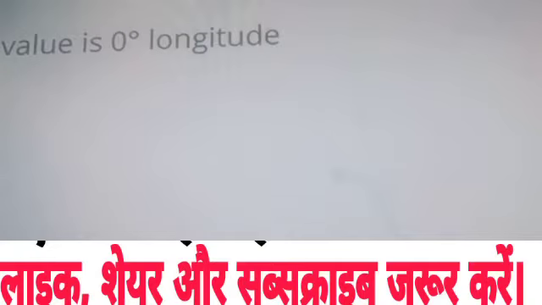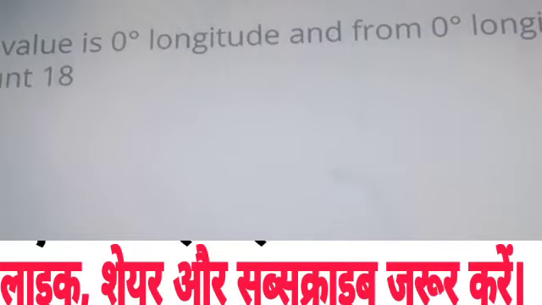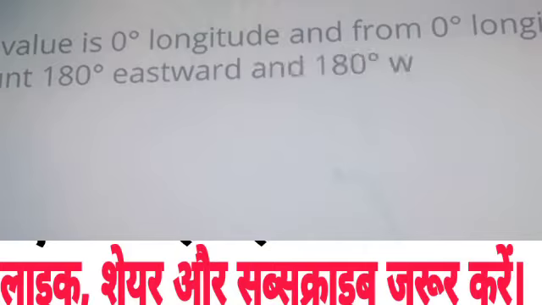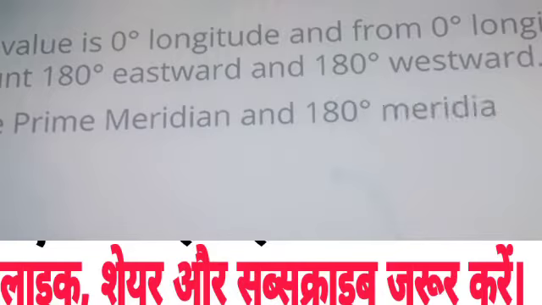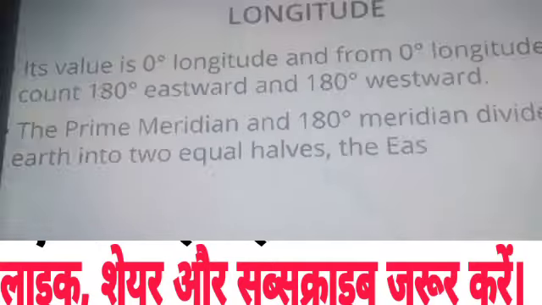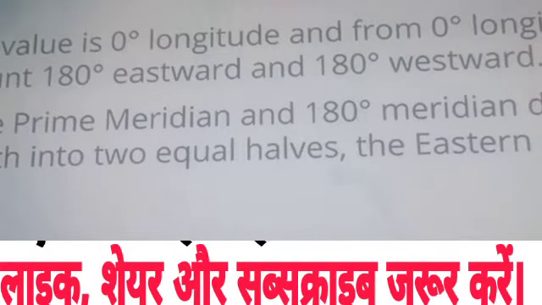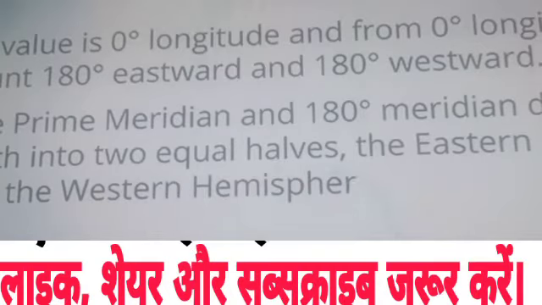The value of prime meridian is 0 degree longitude, and from 0 degree longitude we count 180 degree eastwards and 180 degree westwards. The prime meridian and 180-degree meridian divide the earth into two equal halves, the eastern hemisphere and the western hemisphere.